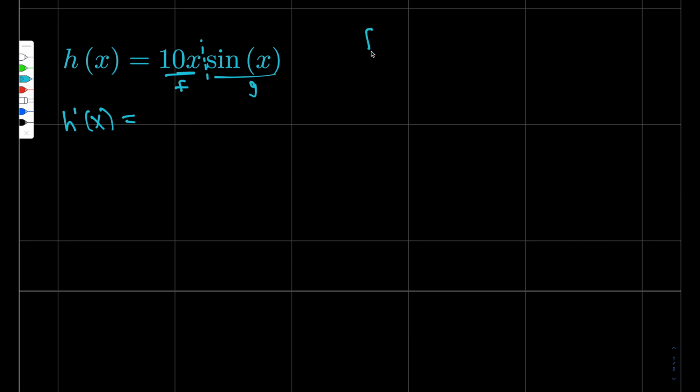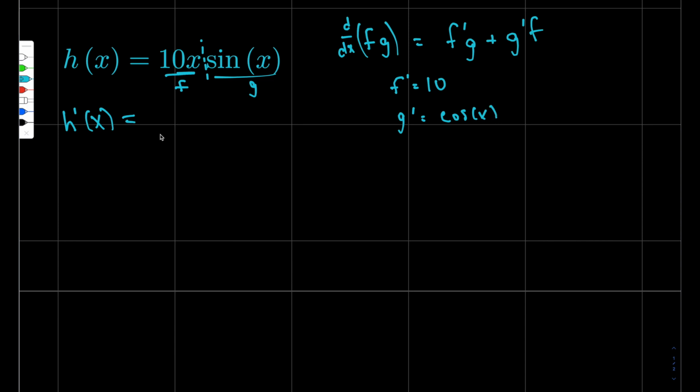The derivative of f times g is what we saw above, which is f prime g plus g prime f. So f is 10x, so f prime is equal to 10. We know g prime is equal to the derivative of sine, which is cosine of x. Okay, so now let's put this together.